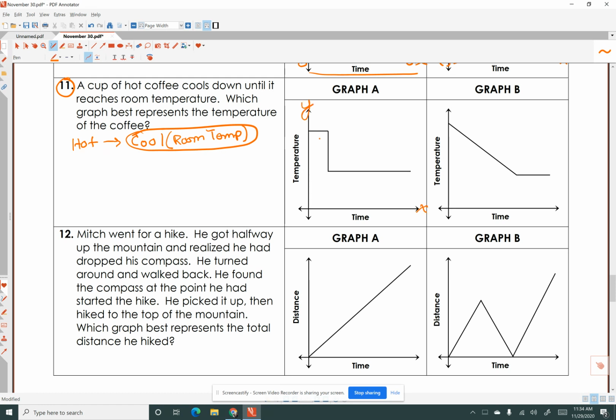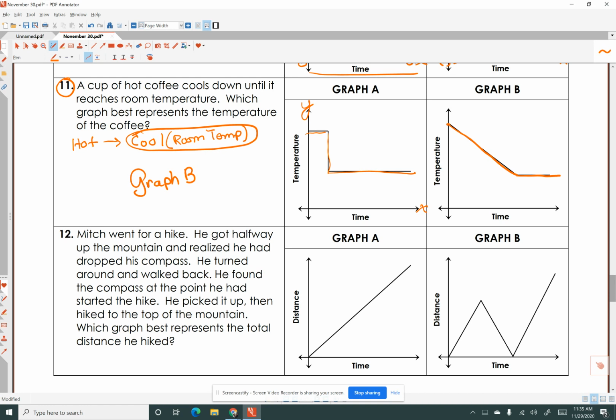And in the first graph, we've got hot coffee that suddenly drops, and then it's the same temperature. On graph B, we've got hot coffee that gradually cools down and then stays at room temperature. So I think we can be pretty confident that graph B is the graph of the coffee cooling down.